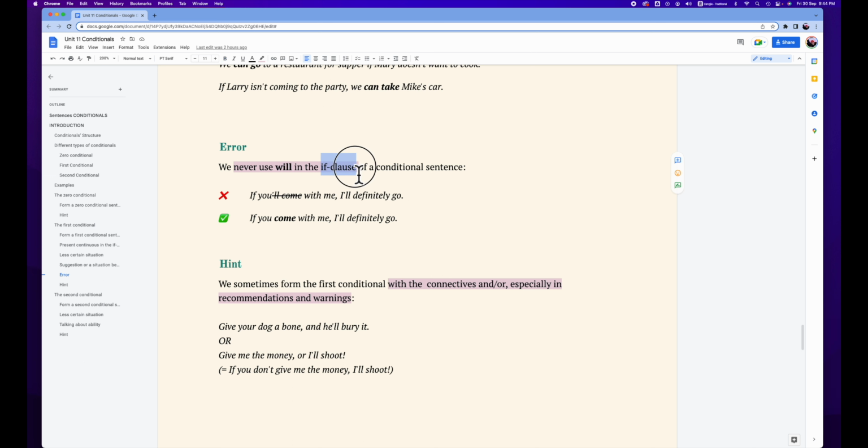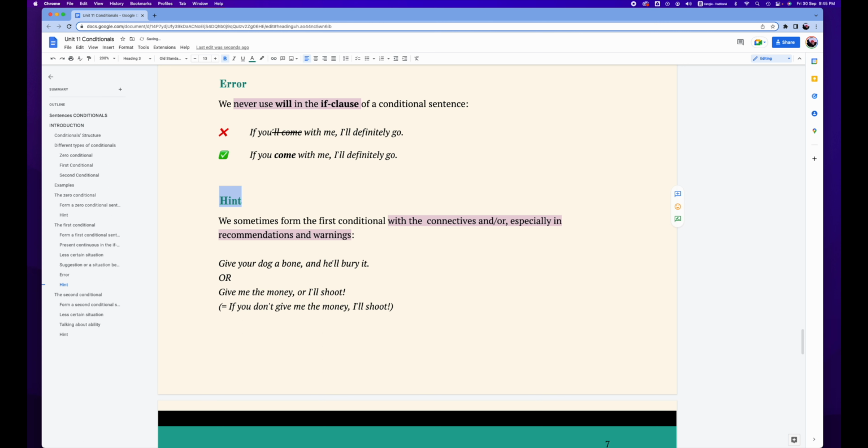Instead, we could use continuous tense for part A when we are talking about something happening or for future arrangements. Instead of saying if you will come with me, we say if you come with me, or if you are coming with me, I will definitely go.